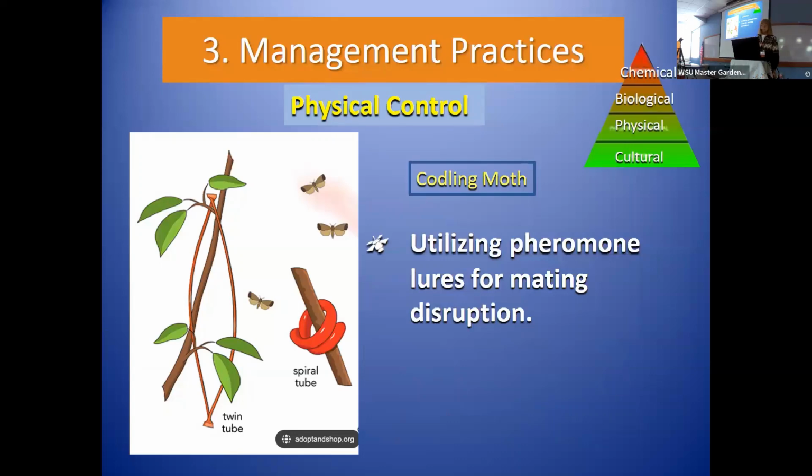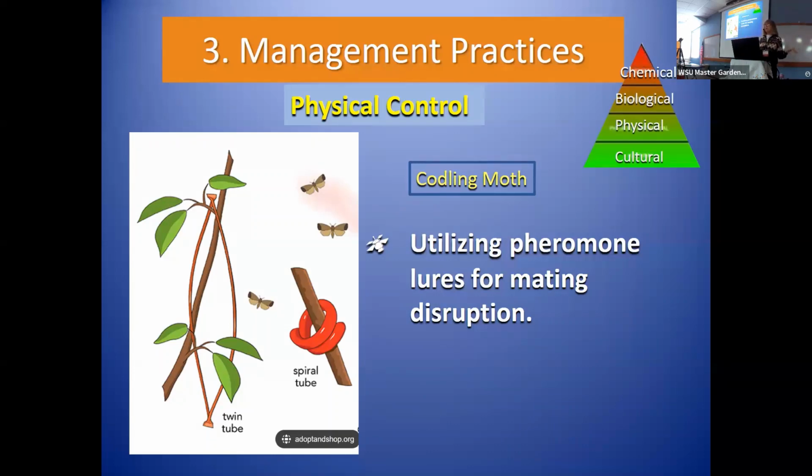One other thing in terms of codling moth is you can use pheromone lures for mating disruption. Now that sounds interesting. What these lures do is emit a chemical attractant that mimics the female hormone. It's in the air, and it confuses the males.